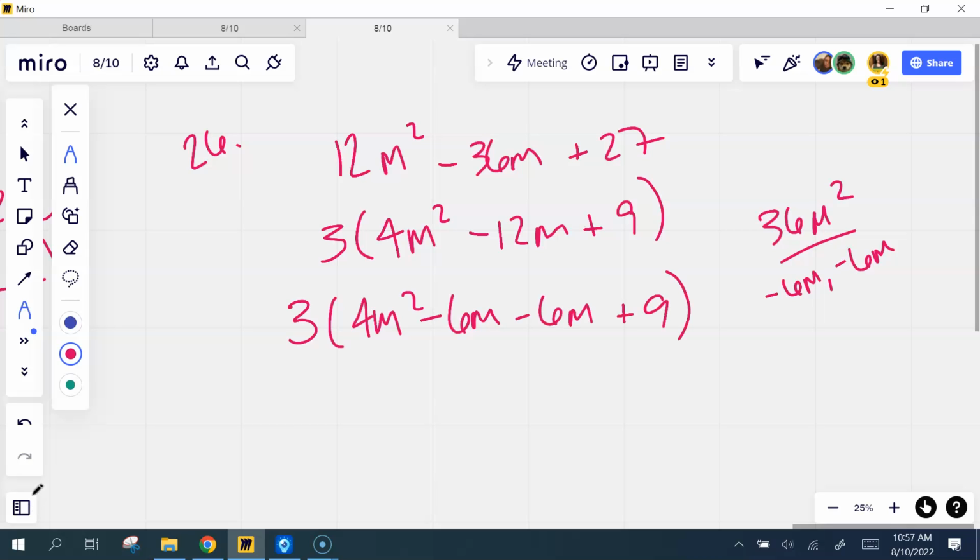Write this one down too, because this is a great one. We'll just start with this pattern instead of the other pattern I was going to start with, since I'm working this one now. If I split this one in half, I have 3 times, what's the GCF? 2m. What's left?